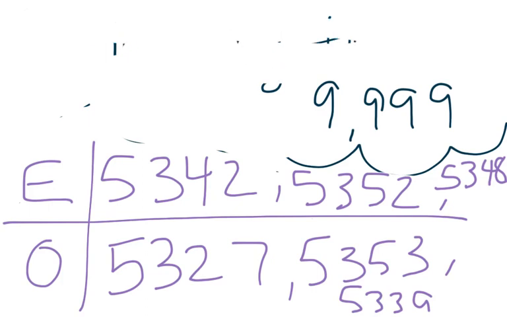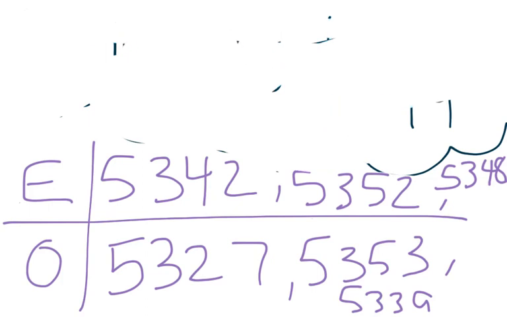And I am going to first be looking at the thousands place. Because if you remember, that's what it said to do. So in the thousands place, everyone has 5,000. So that's not helping us at all. Then let's move to the hundreds. Everyone in the evens column is 3 in the 300s.